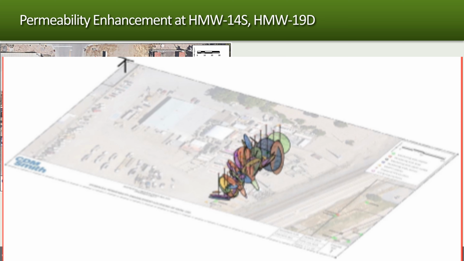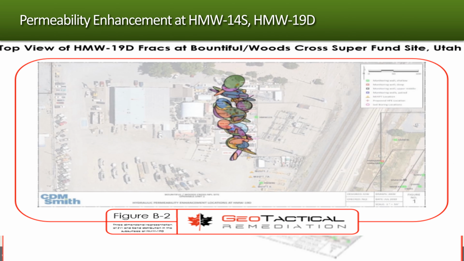But again, you can see from the depictions and the modeling from the tilt meters that they've done a good job of really fracturing at the depths and within those zones that they specifically hope to enhance the permeability at. And the process was the same as used in the source area. So you end up with very similar looks of, in this case, nice productions from Geotactical of what the fracturing looks like.